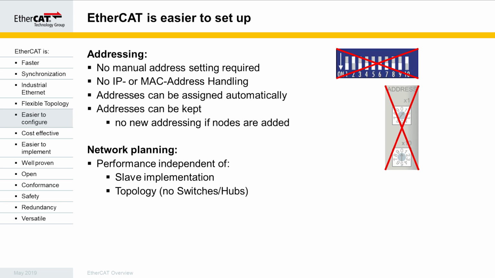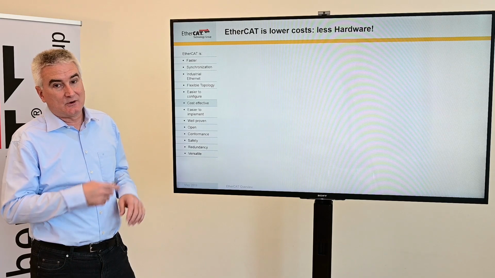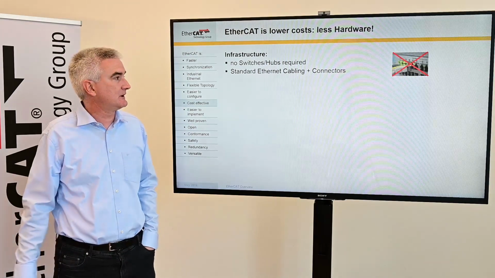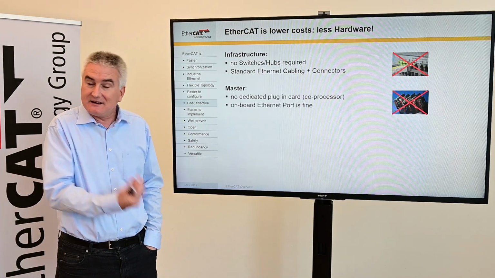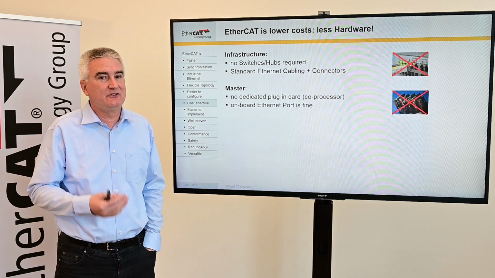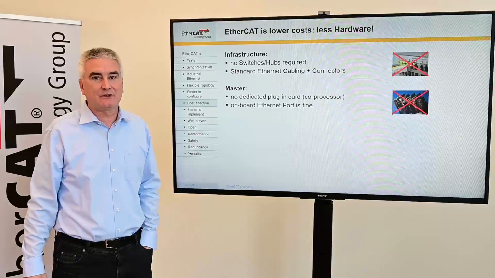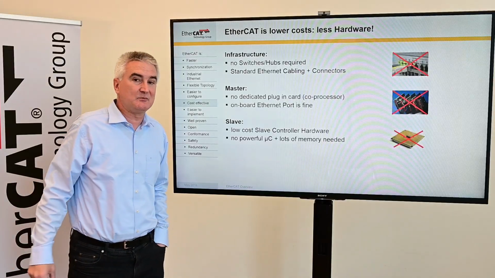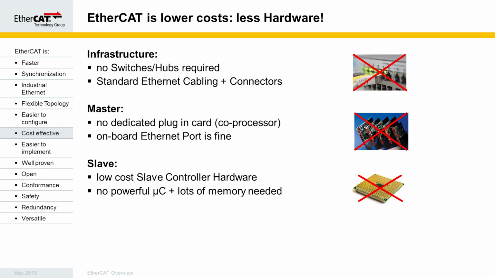It doesn't really matter. We also reduce the costs because we need less hardware. We don't need switches or hubs. We don't need any plug-in card for the master, no FPGA, no communication processor, nothing. An Ethernet port is fine. And on the slave side, we save money by using inexpensive EtherCAT slave controller chips, which also handle all the sophistication of the protocol in hardware.